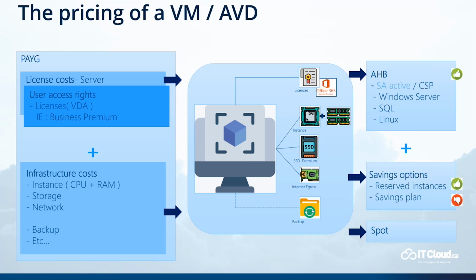But this is for bigger customers. It's good to know. And after that, the savings plan can just be added on top of the pie to save money. And lastly, the spot instance is rare. It's very particular, but could be great in some particular situations with the customer.